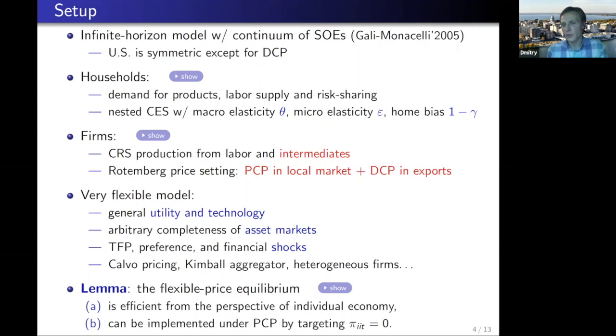If that's not the case, if for some reason the markups that exporters set are suboptimal, then there will be a static terms of trade externality, and then, of course, there is room for capital controls. This is one of the extensions, also in Lorenzoni and Werning and many other papers. That's definitely true, but it seems like a very suboptimal way of fighting the terms of trade externality.